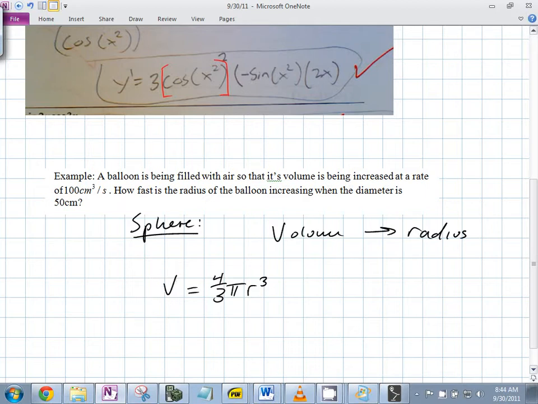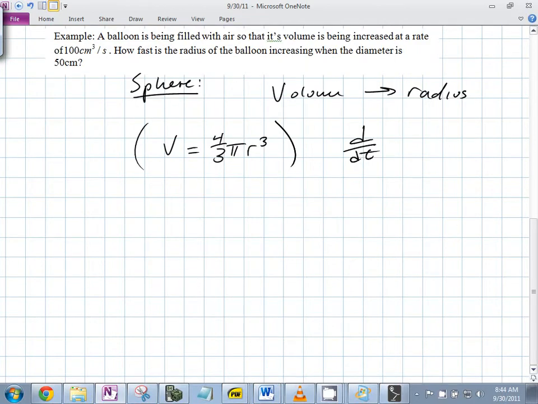That's correct. Let's take the derivative of both sides with respect to what? t. d/dt of both sides. So if you take the derivative with respect to t of V, what are you going to end up with? dV/dt, the rate of change of volume with respect to time. What rule are you going to have to use on this? The power rule, the first one we learned.